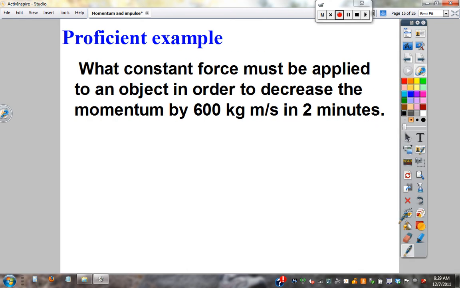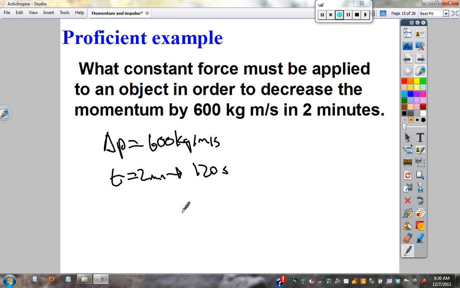What force must be applied in order to decrease the momentum of 600 kilogram meters per second in 2 minutes? Alright, so I know that the change in momentum, it decreased 600 kilogram meters per second. Time equals 2 minutes, but that needs to become 120 seconds. And we need to find force.